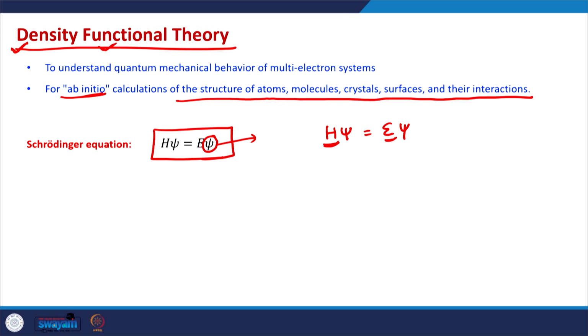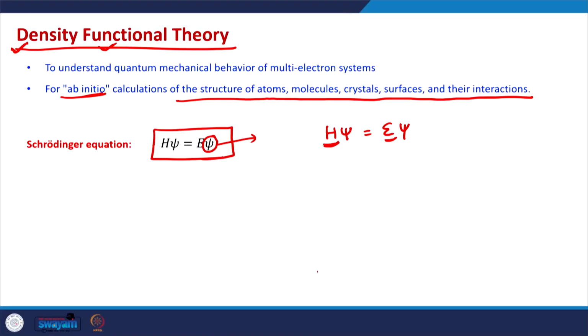So by solving this equation, we can obtain the various energy states, eigenstates and eigenvalues, energy states as well as the wave functions corresponding to those states. This is where we need to start from if we try to understand any new, unknown system. This is the starting point.